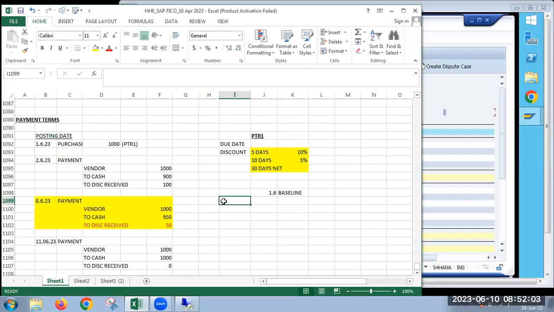Bank debit, discount allowed debit, to customer. Correct. The received amount will be 900 or 950. Let's consider the same level, 950, 50, and the customer will be cleared with a total amount of 1,000.